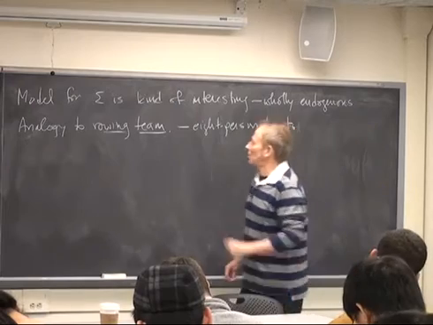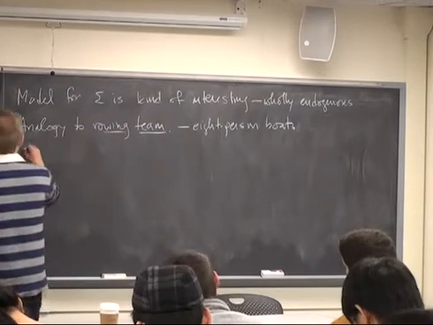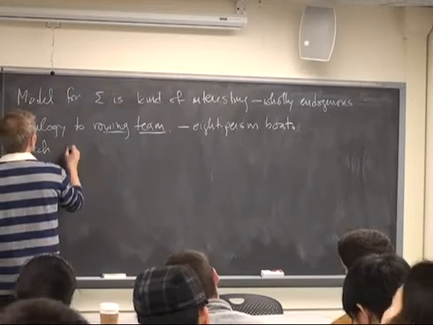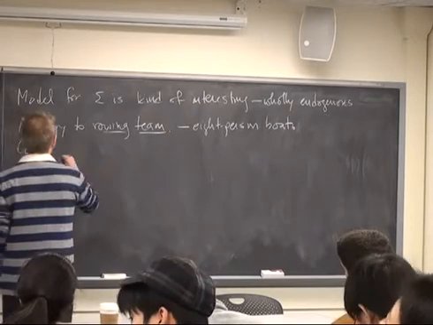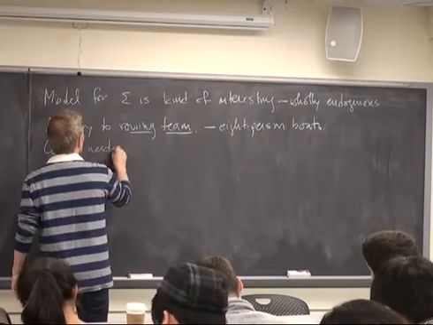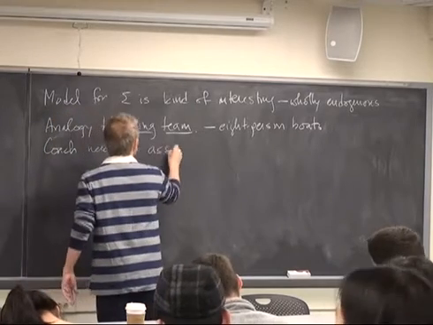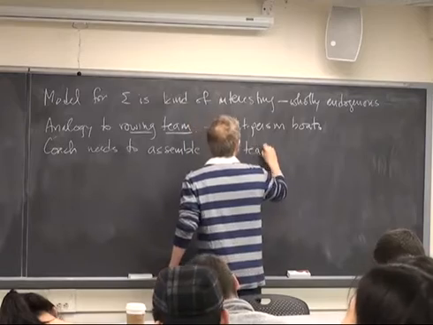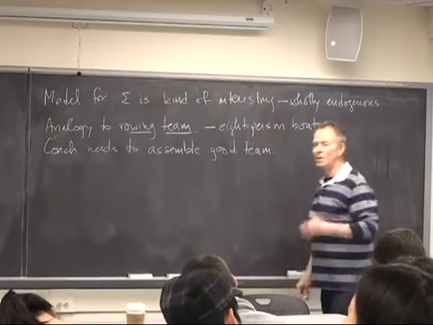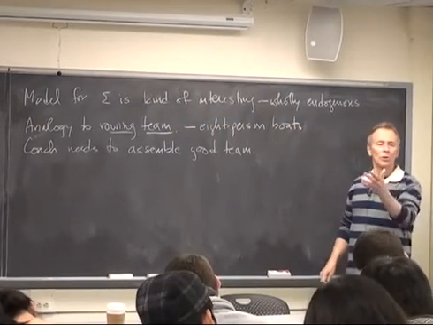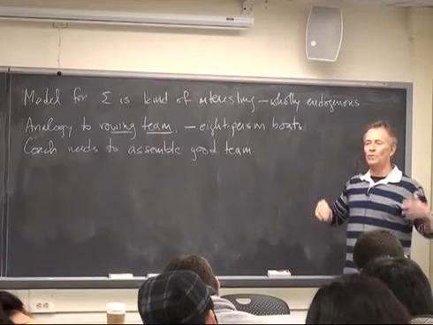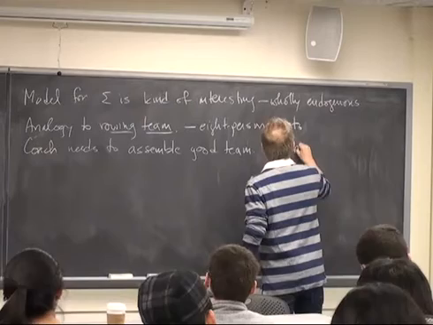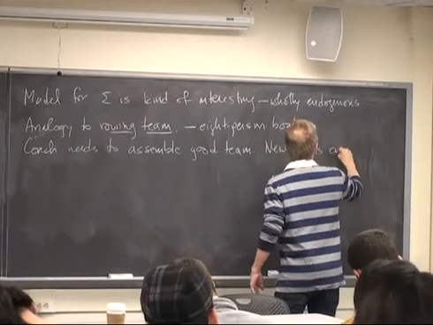Okay? So imagine there's a coach, and the coach needs to keep a good team running. So the coach needs to assemble a good team of rowers. And what happens every now and then is that new rowers enter the pool of rowers from which he has to choose his team. So new rowers enter periodically.